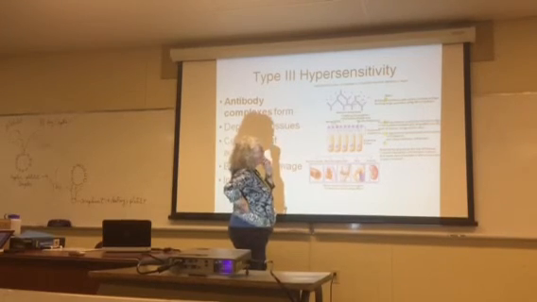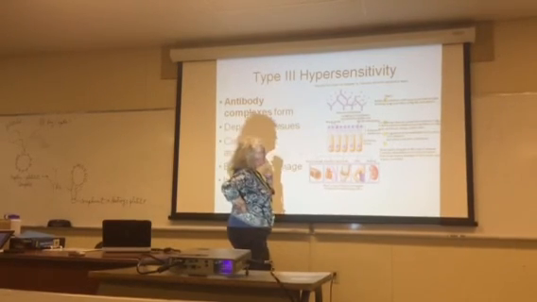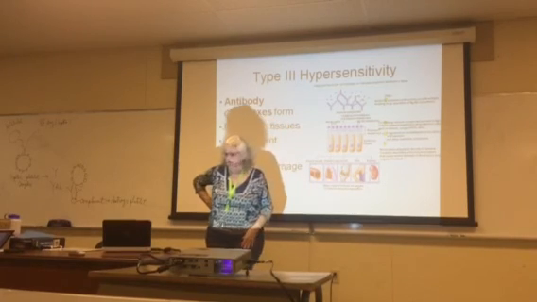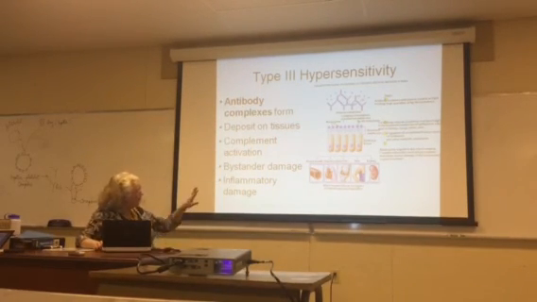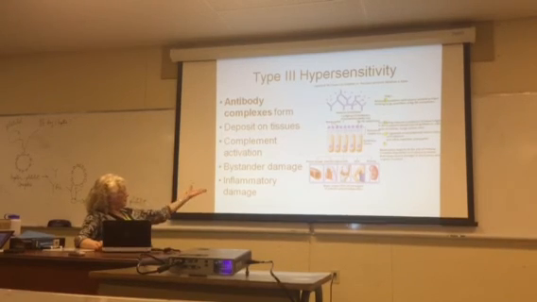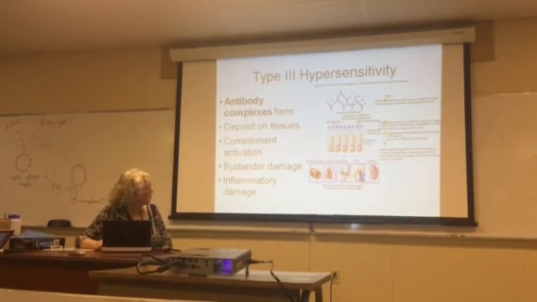They also attract neutrophils to the area, and neutrophils can cause symptoms because they release histamine as well. They affect all kinds of things. These complexes can affect joints, organs, and blood vessels.